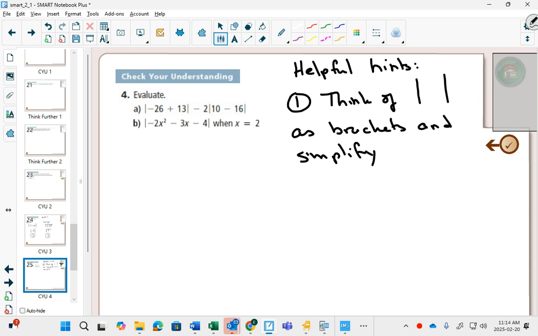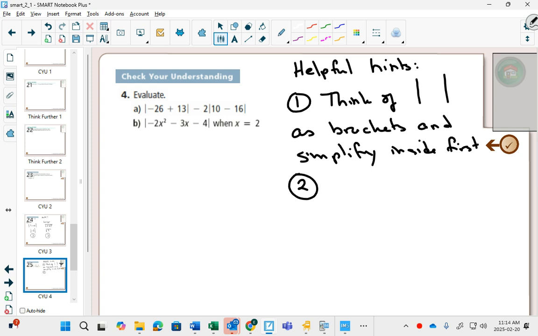In order of operations, you do brackets first. So order of operations says you should simplify inside your brackets first. So simplify inside your absolute values first.